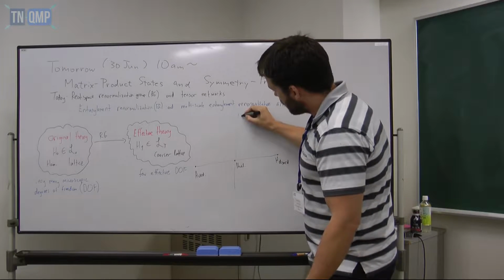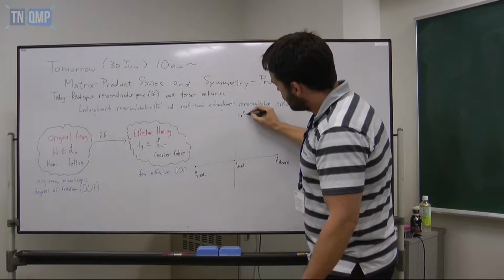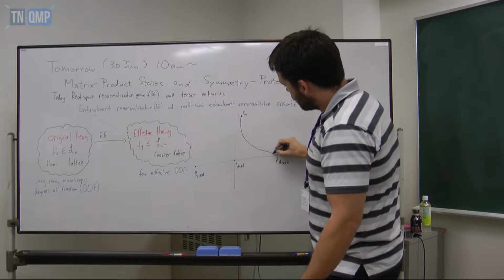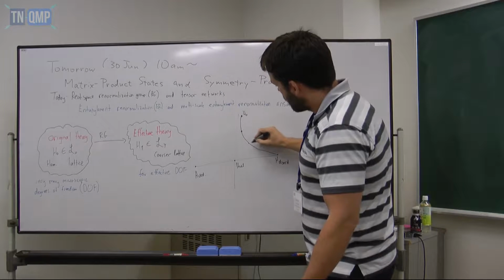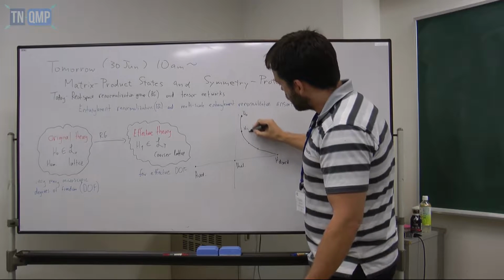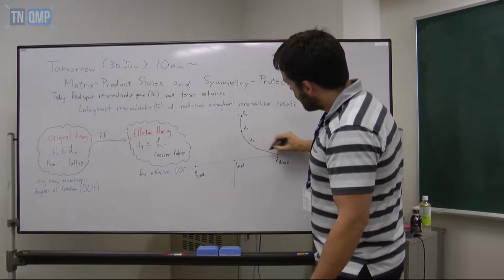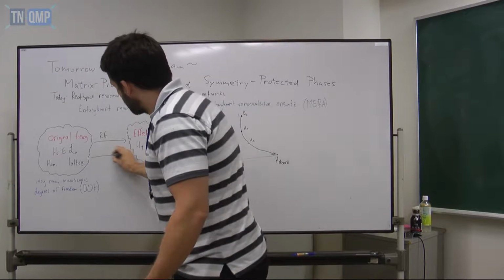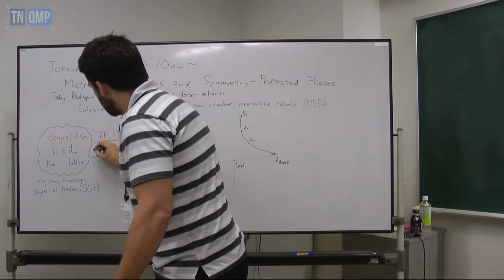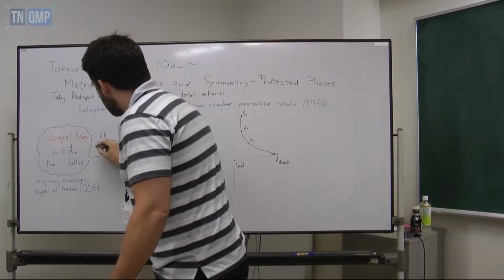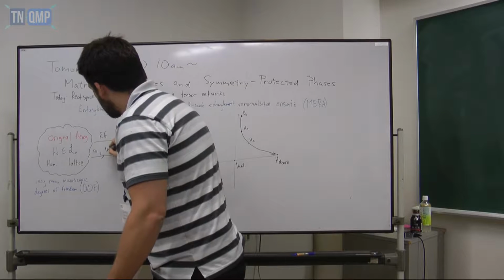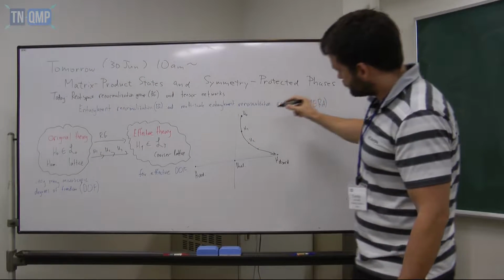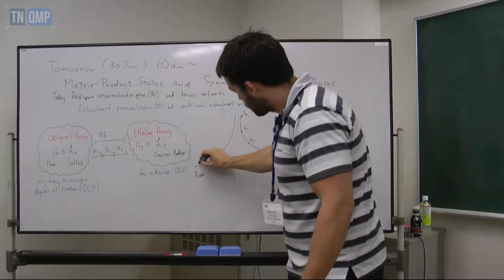Imagine I start with some initial Hamiltonian, let's say H naught, and in the RG flow, H1, H2, I should eventually flow to some fixed point. So I'm imagining this is many steps where I first generate some sequence of Hamiltonians.